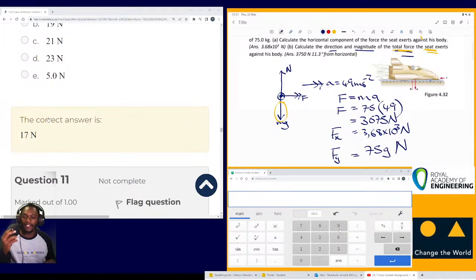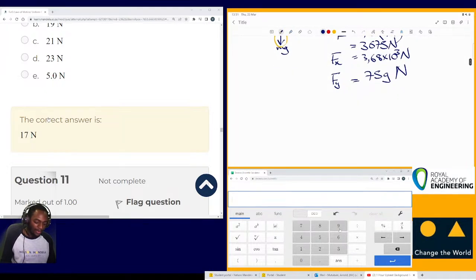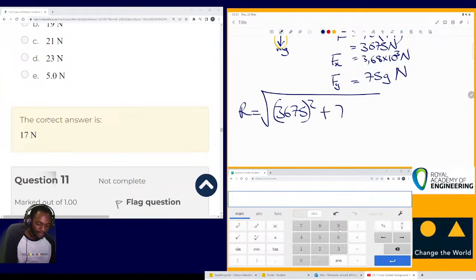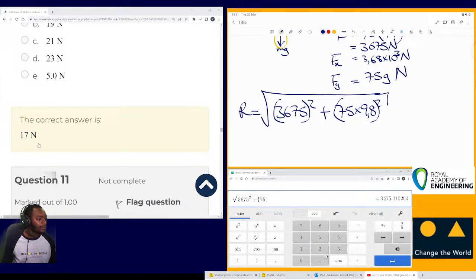Yes. So now to find the magnitude, the resultant equals the square root of 3675 squared plus (75 times 9.8) squared.